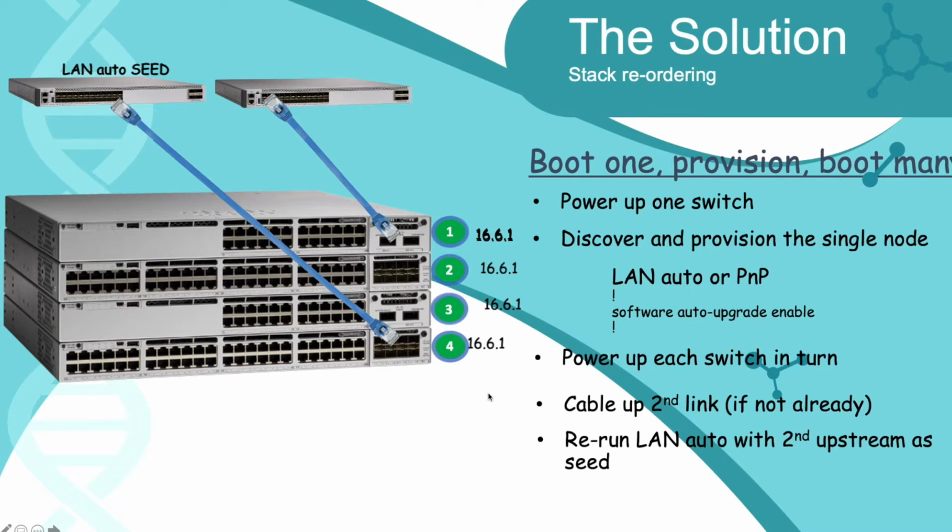Absolutely brilliant. So we can get around it with SDA LAN automation, and of course, if it's not SDA, then we've got a provisioning template, so you can just push out another CLI template with the respective configuration for that device. And then push down the priorities to the stack.